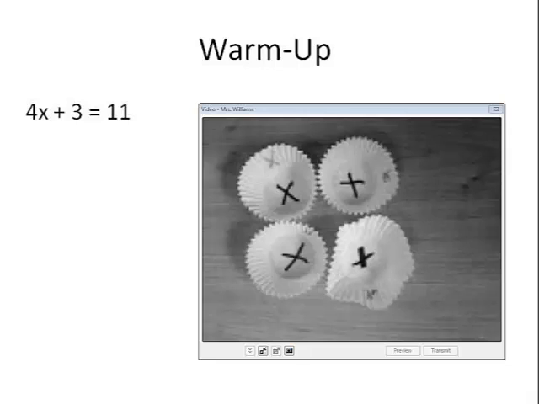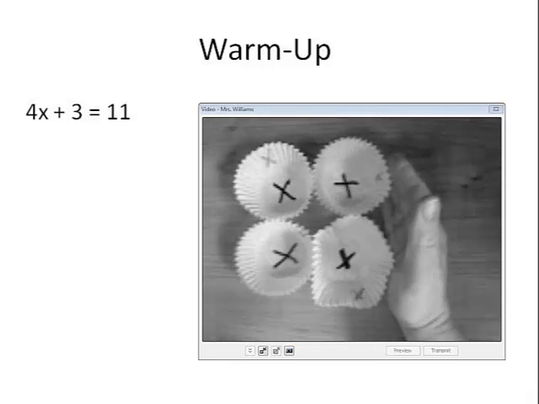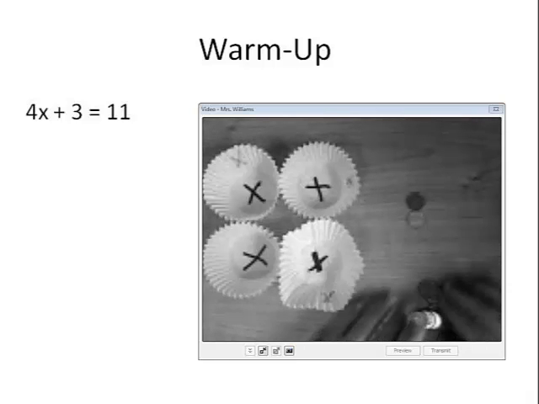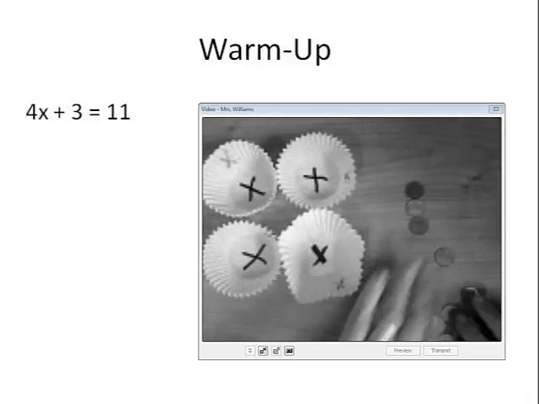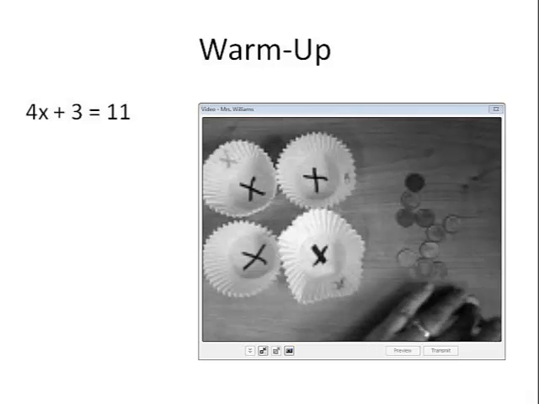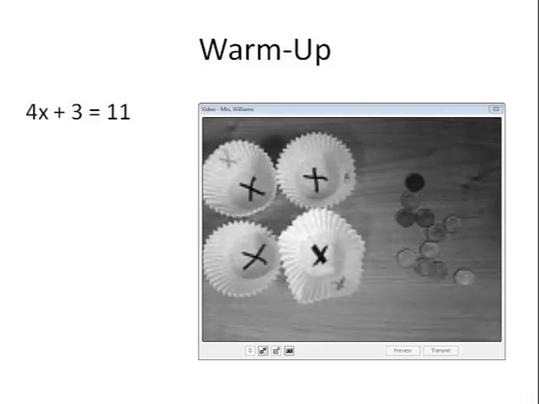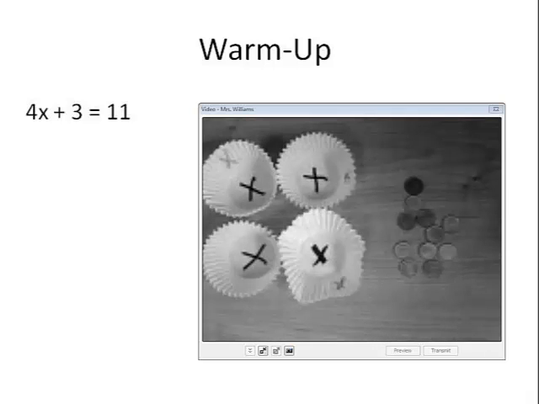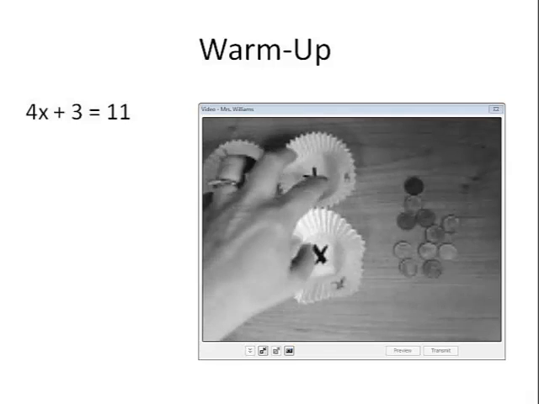There's 4 X boxes. And it's 4x plus 3 equals 11, so we need 11 pennies. Okay, there's our 11 pennies. So now we have an equation here, 4x plus 3 is equal to 11.